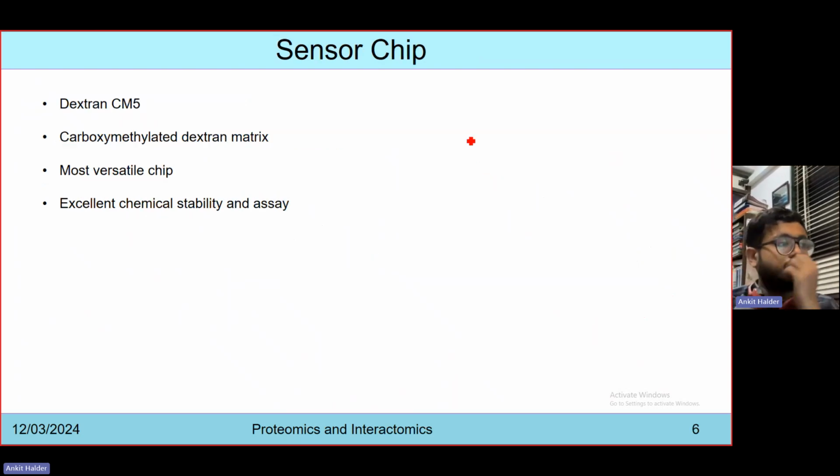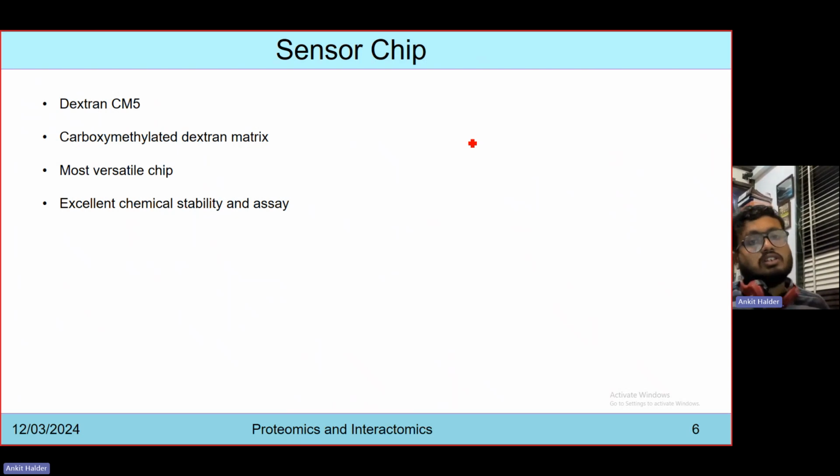So now, what are the different kinds of sensor chips?